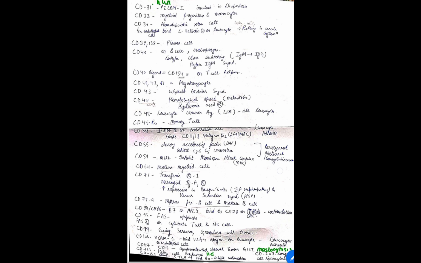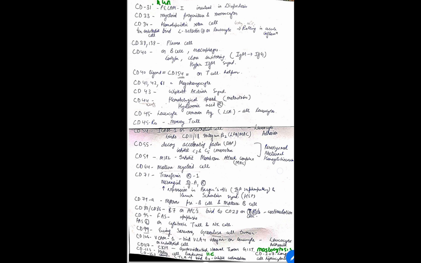CD152 is linked with CTLA4, that is binding B7 and inhibiting the co-stimulation. So B7 was normally binding CD28, but if it binds CD152, CTLA4, that will inhibit the co-stimulation. CD152 is inhibiting the co-stimulation, and CD154 was the CD40 ligand. 154 is normal, 152 is abnormal.